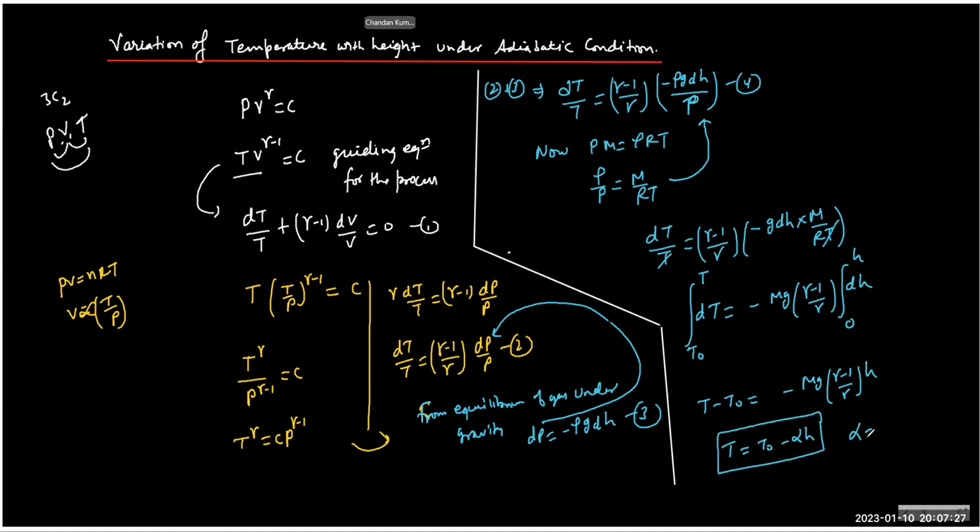You know what is alpha here? Mg, gamma minus 1 by gamma. This is called alpha. Alpha is called the adiabatic lapse rate.